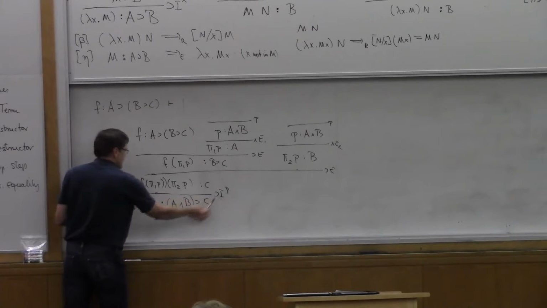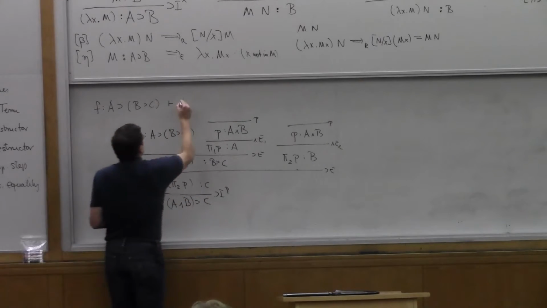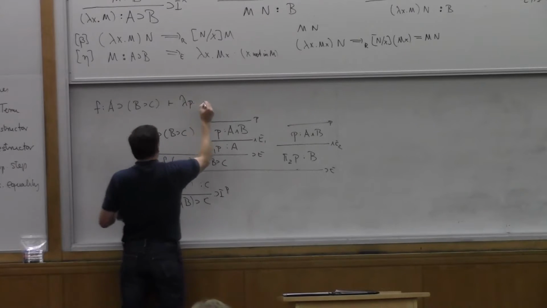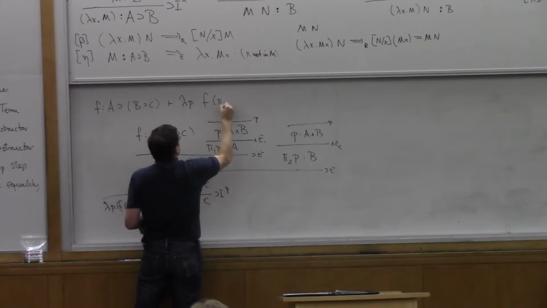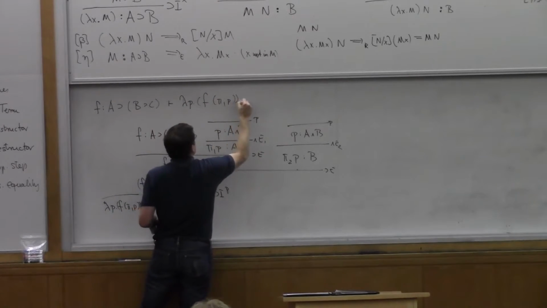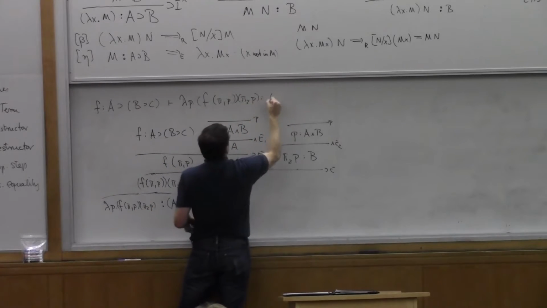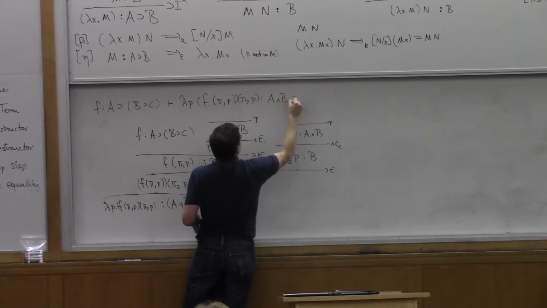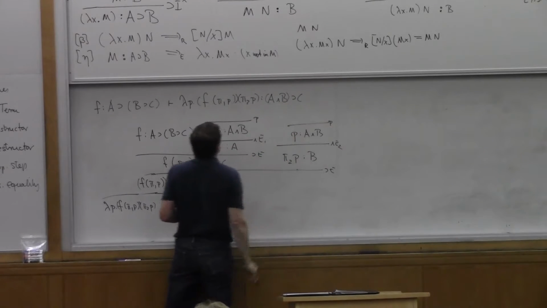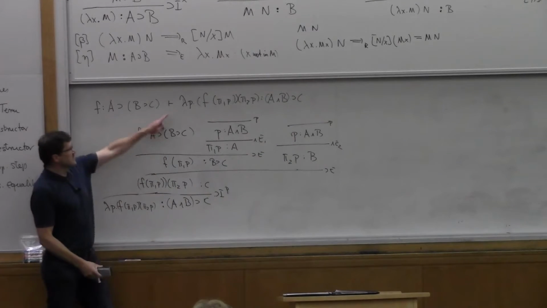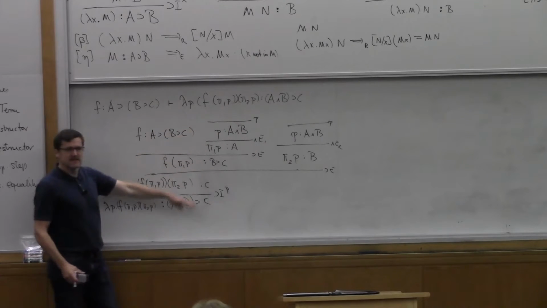Because there we introduce the p, so this becomes a lambda. I would say lambda p, f applied to pi 1 of p, and this whole thing applied to pi 2 of p is a proof of A and B implies C.